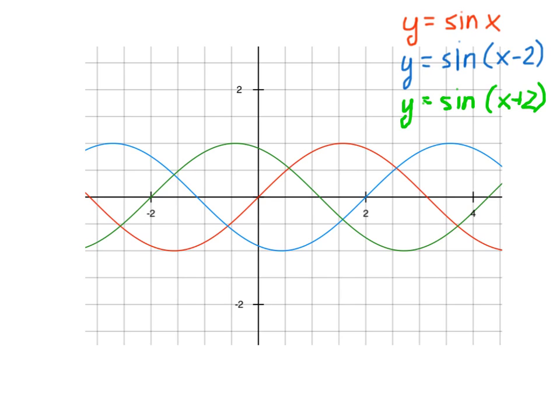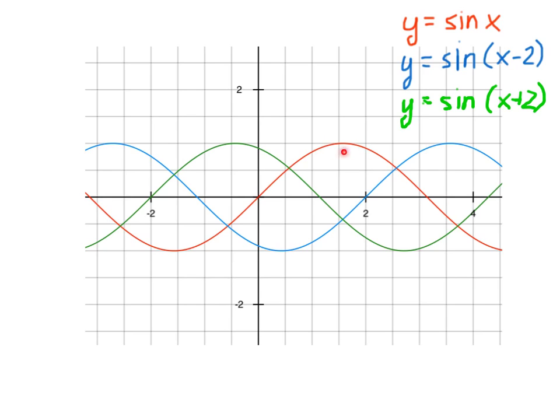So, in the blue curve, notice that this hump right here has been shifted to right here. Or in other words, this point, the origin on the normal y equals sine of x, has been shifted over to this point, 2 units to the right. And that's true for any point on the normal sine of x curve.